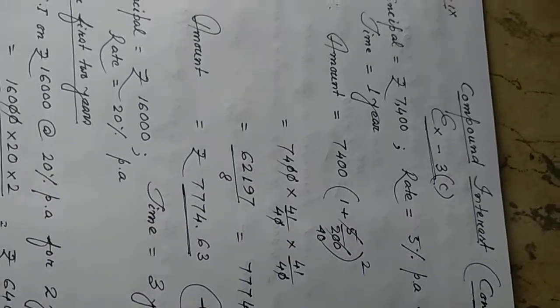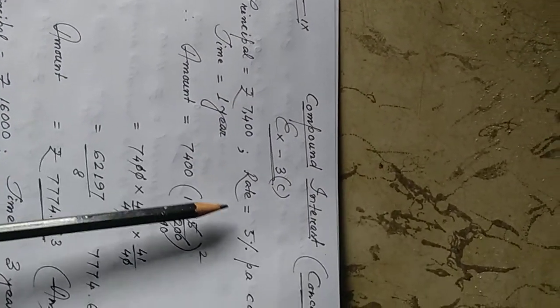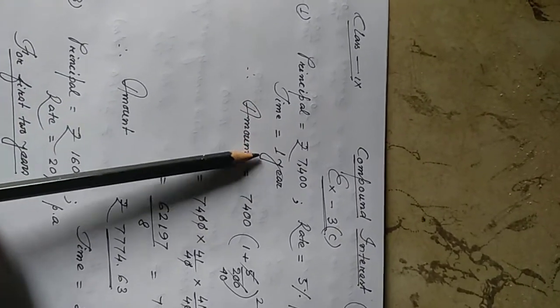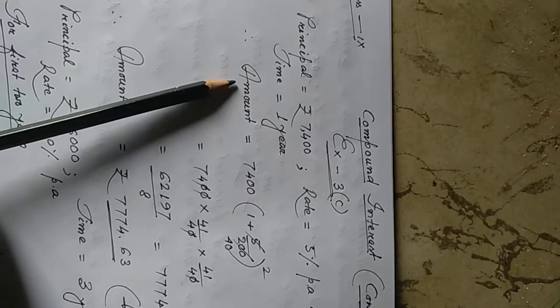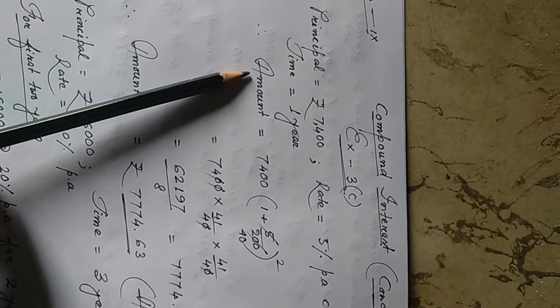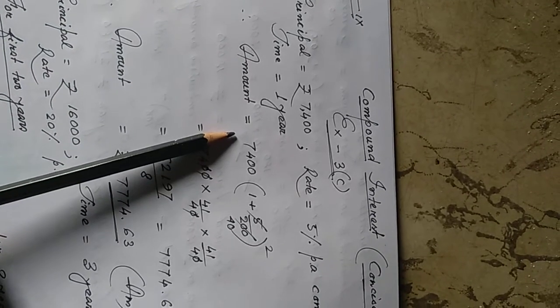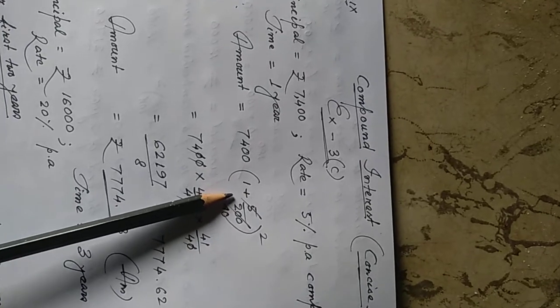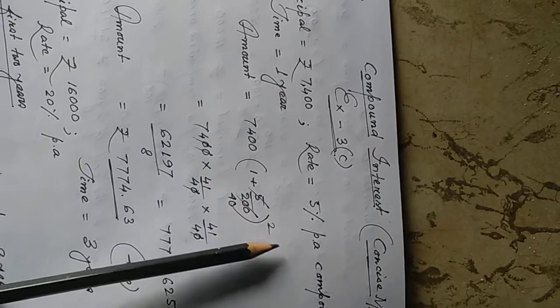So here I explain the sum. The principal is rupees 7,400, rate equal to 5% per annum, compounded half yearly, and time given 1 year. Therefore the formula: amount equals principal into (1 plus r by 100) to the power n.